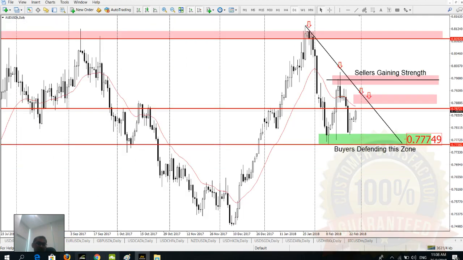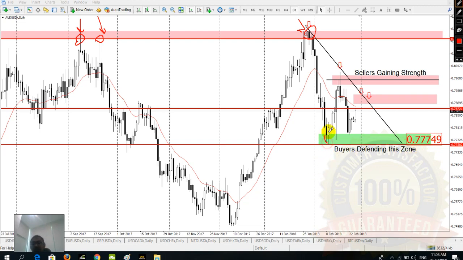And Australia USD, this is a very good selling point. A lot of sellers are strongly defending this price. Buyers who brought the price from this to this level are defending at this area, which is 0.77749.